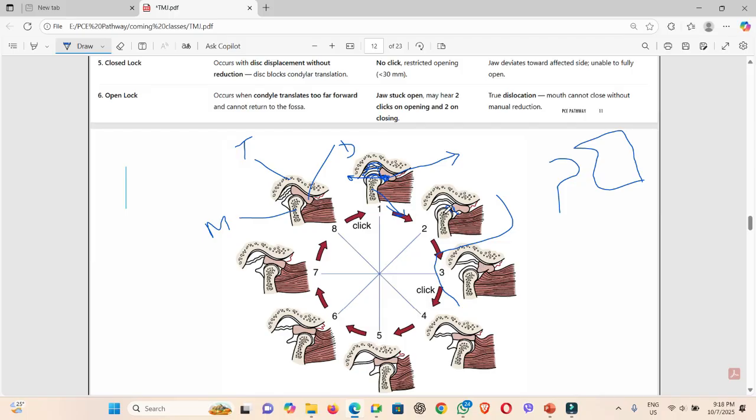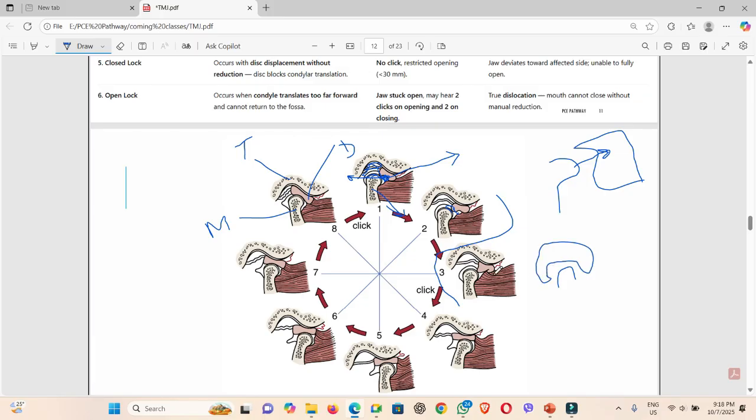A click will come if the condyle jumps off the posterior part of the disc and gets reduced at the center. Reduction means the shoulder should remain inside the glenoid fossa, right? Similarly here, the condyle should sit at the center of the disc. This is the shape of the disc.